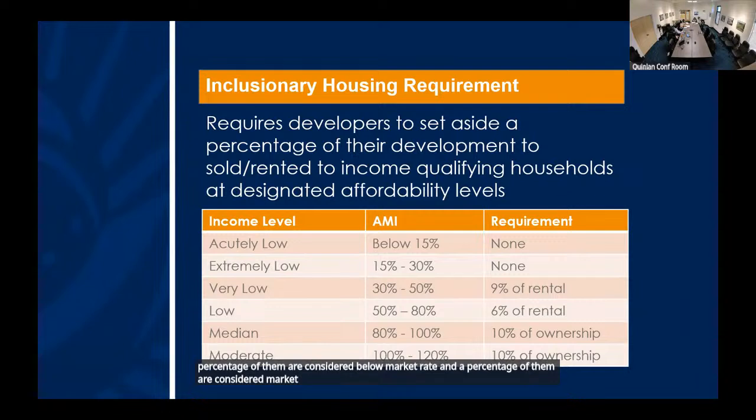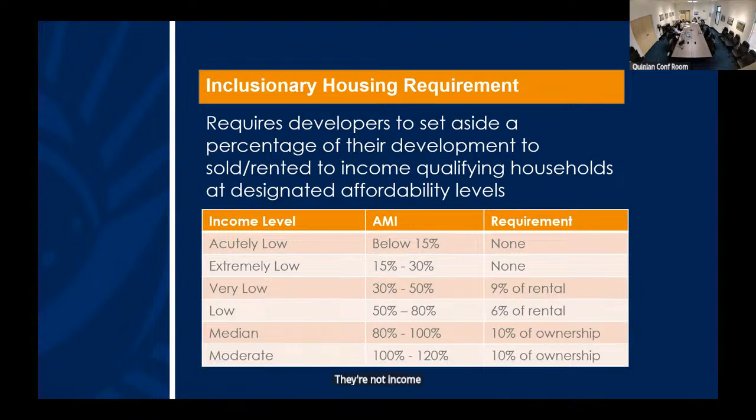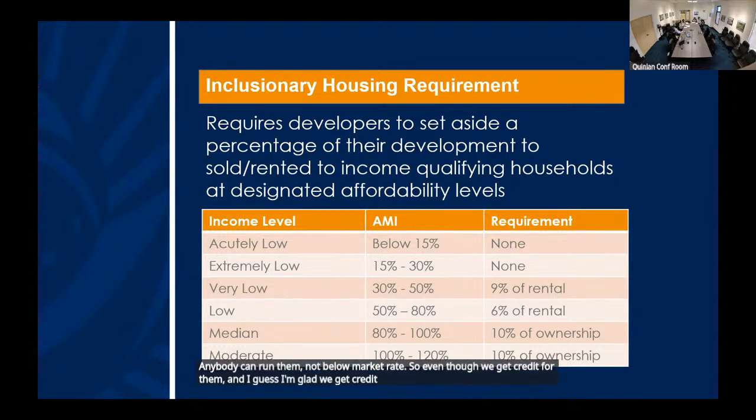When in fact, since none of them are income deed restricted, that means that anybody can rent them, not below market rate. So even though we get credit for them, and I guess I'm glad we get credit for something, we don't actually have below market rate homes. Because in New York, they pay for a closet and willingly pay a whole bunch, and I'm sure we could do that here.